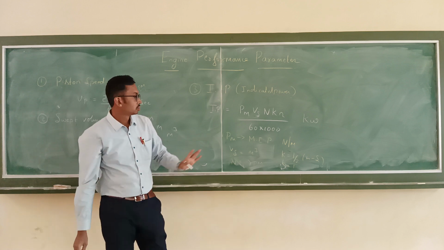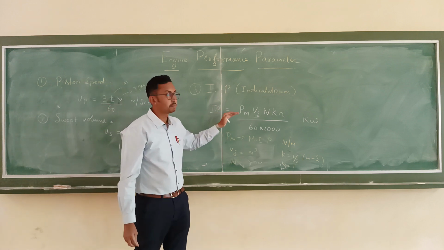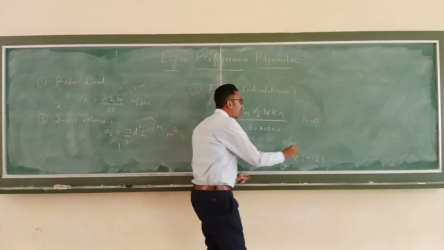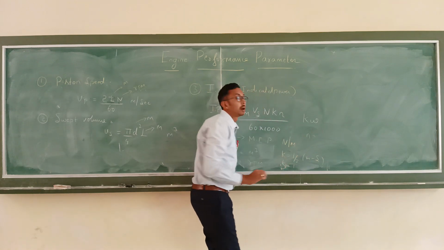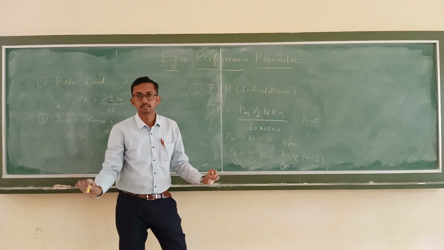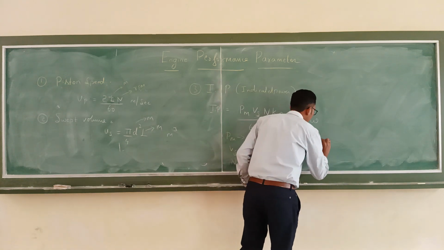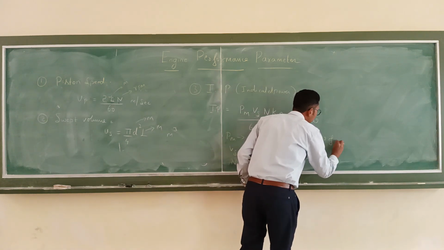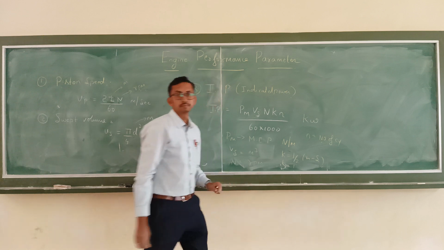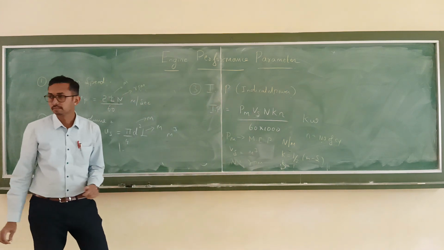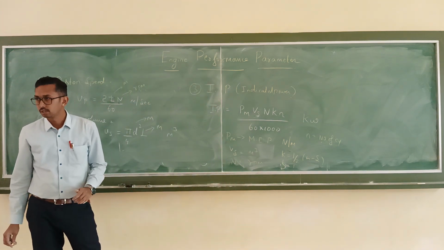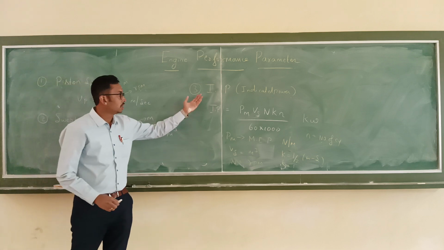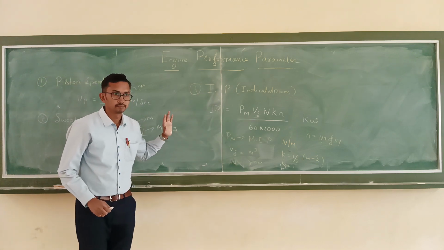Is it clear? And what does the small n represent? Number of cylinders. Is it clear? This is the indicated power.